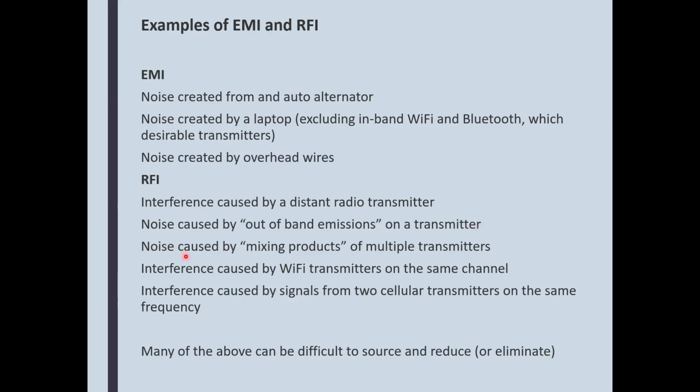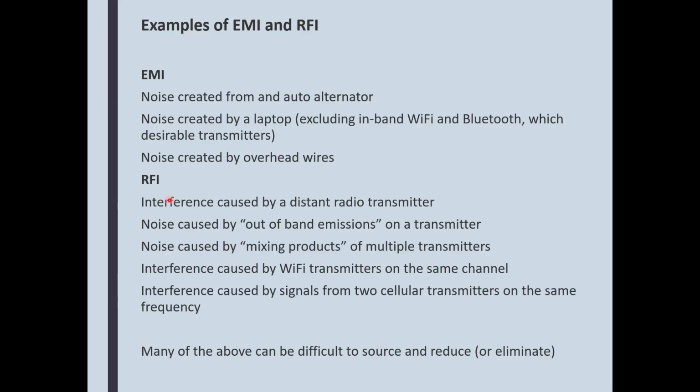What else? Noise caused by mixing products of multiple transmitters. We have multiple transmitters in the area. They have carrier frequencies and whatever they transmit, and if the frequencies are too close, they might start mixing with each other unintentionally.